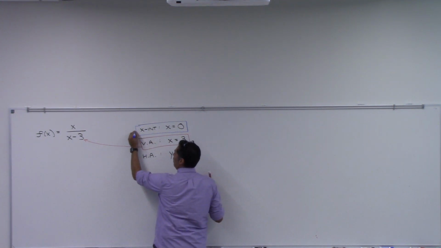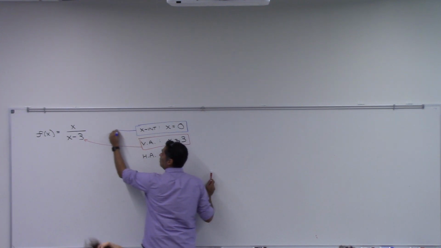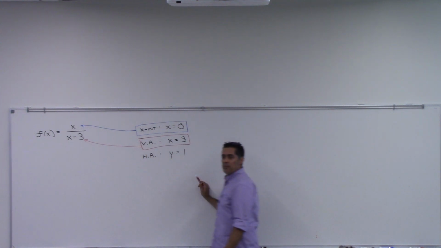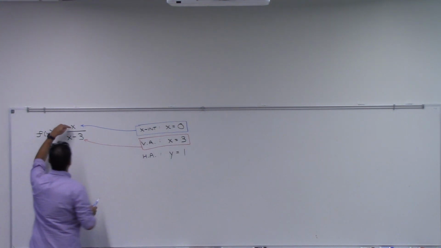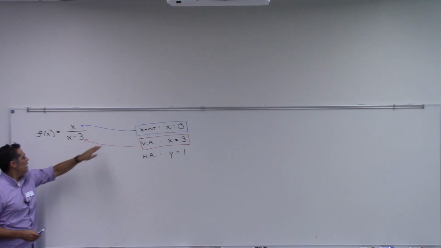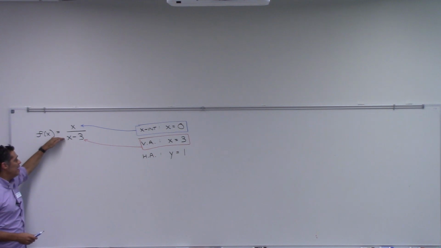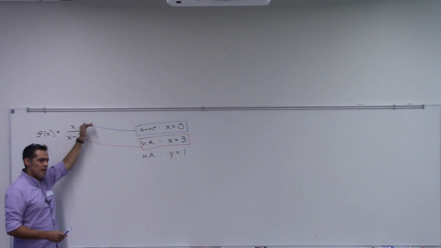Where do you think this comes from? Setting what to 0? The top. Just the top, right? If I asked you right now, set the top equal to 0, what would you tell me the answer is? 0. If I say set the bottom equal to 0, what would you tell me the answer is? 3, right?